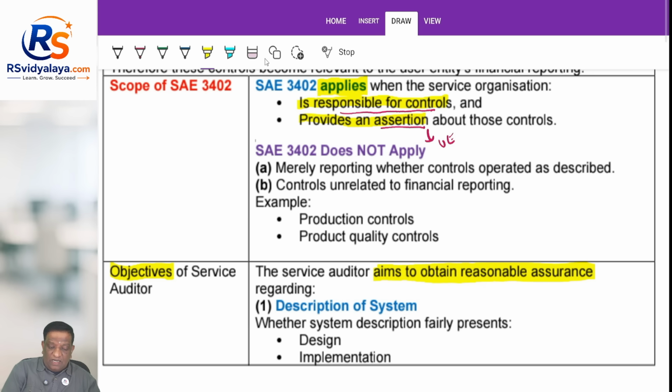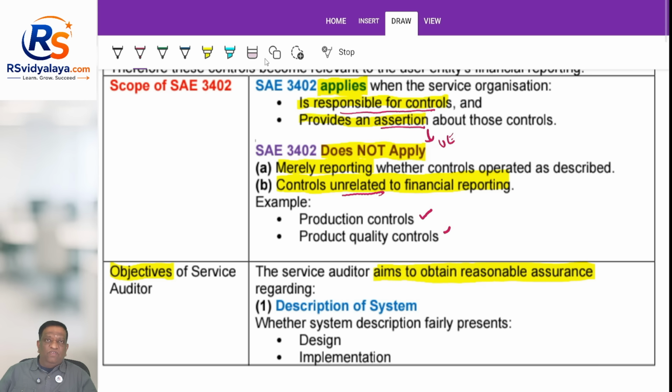Now, where does this standard not apply? This standard does not apply if it is merely reporting, that is, without providing any assurance, merely providing a report on whether controls are operated, that is their internal communication. Then 3402 doesn't arise. Or if it relates to controls other than financial reporting, like production controls, because not only finance functions are outsourced.